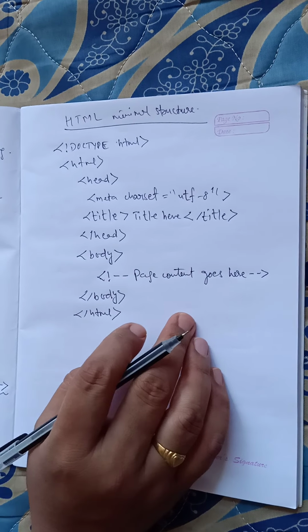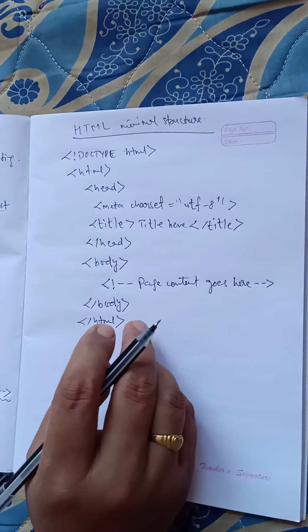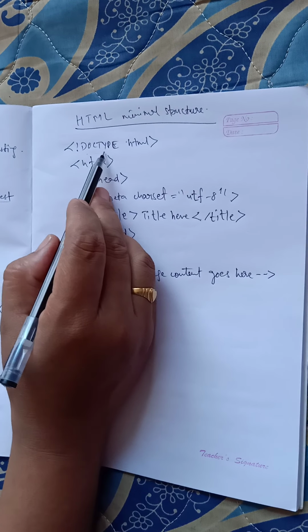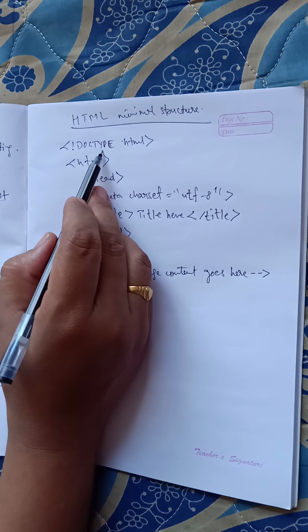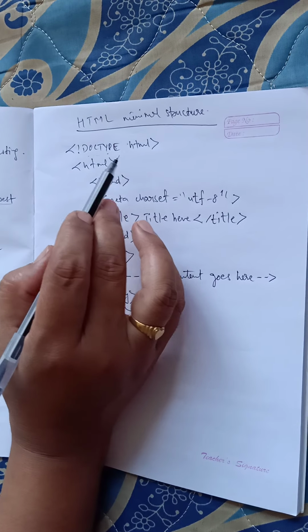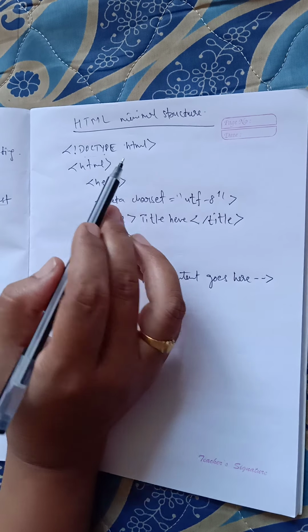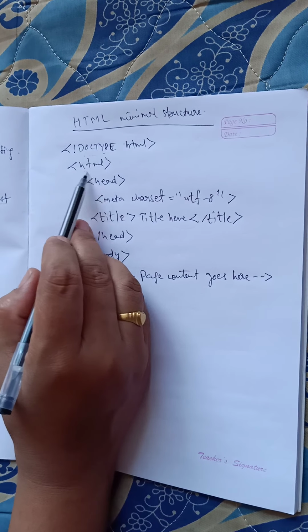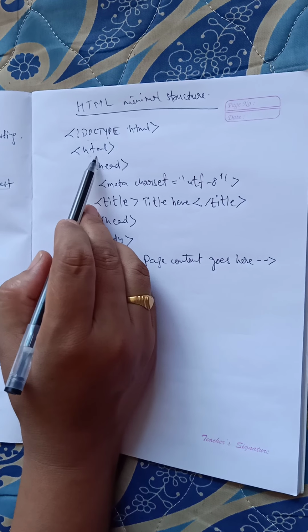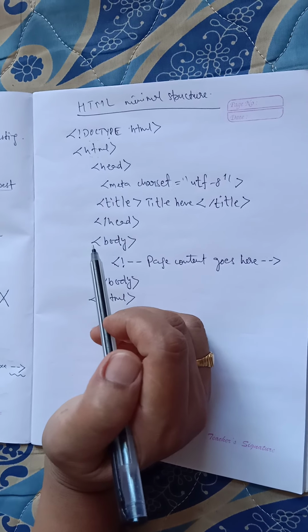So this is the minimal structure for an HTML document. The doctype declaration lets the browser know that the document is written according to the HTML5 specification. We have already discussed that. The HTML element is a root element that contains all the elements in the document.